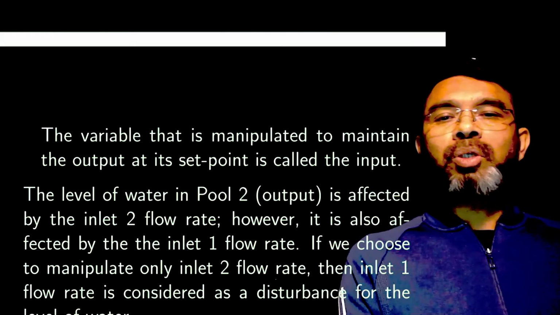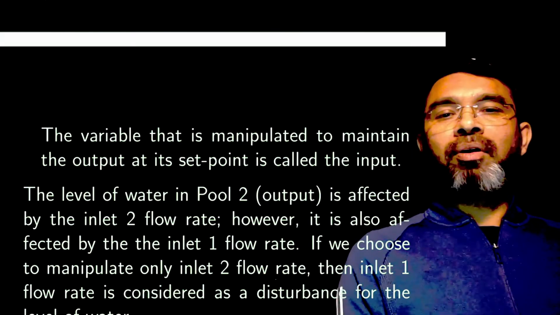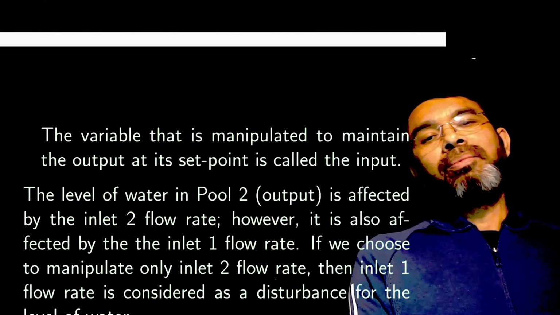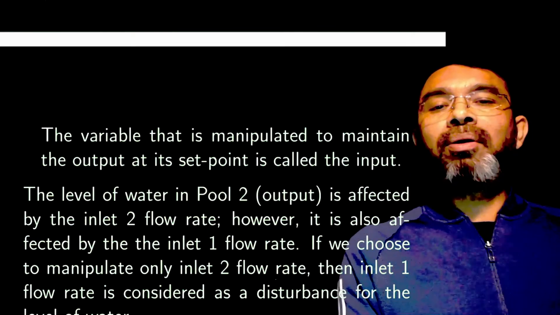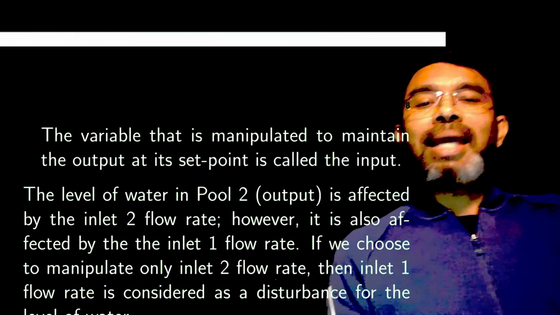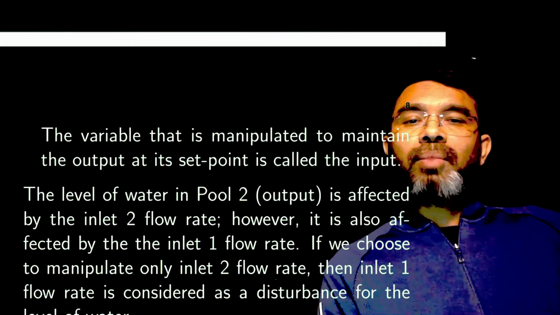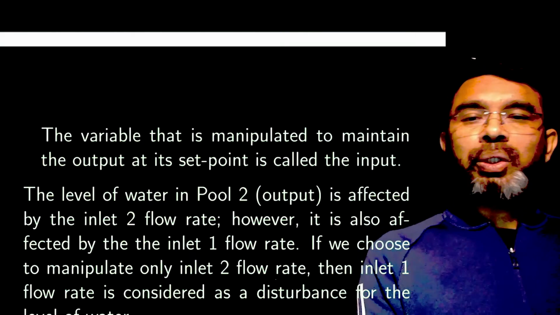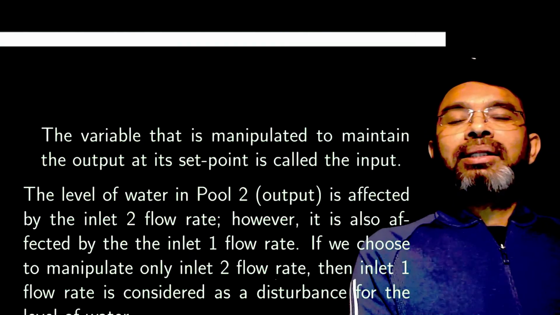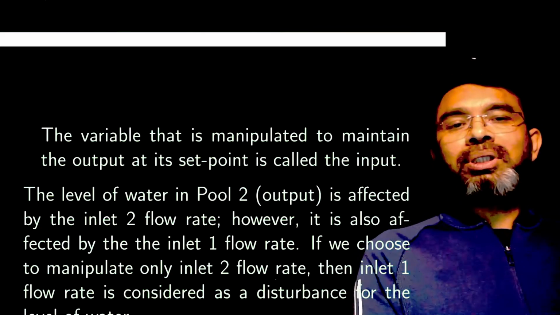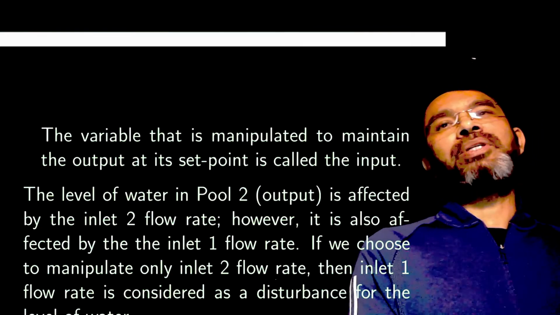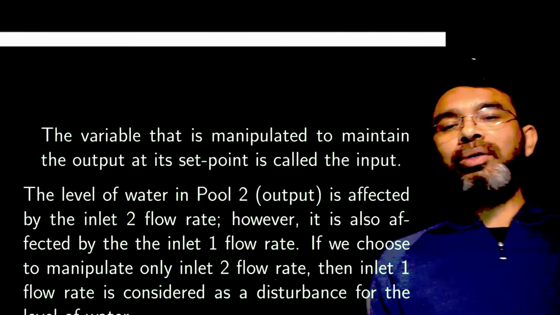The level of water in pool 2 is affected by the inlet flow rate 2. So also it's affected by inlet flow through the inlet line 1. Now if we choose to manipulate the flow through inlet 2, then that's the input, but the flow through inlet 1 is called the disturbance. So now come to the fourth term.